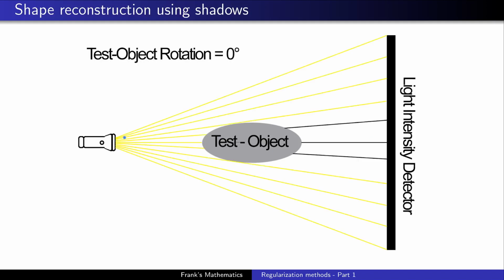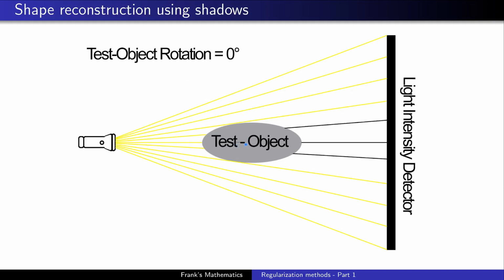You see the light source emit rays of light, and where the beams of light fall on our light intensity detector, it is 100% intensity, while if the light is blocked by our test object, the intensity is 0. And you can already see it here. We now start to rotate our object to get shadows in relation to the rotation.